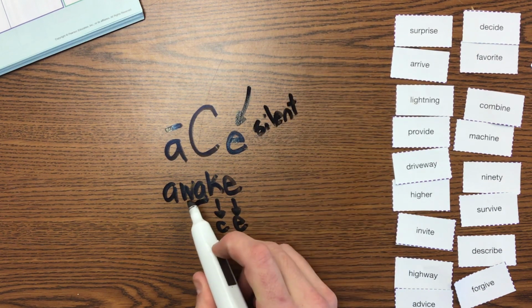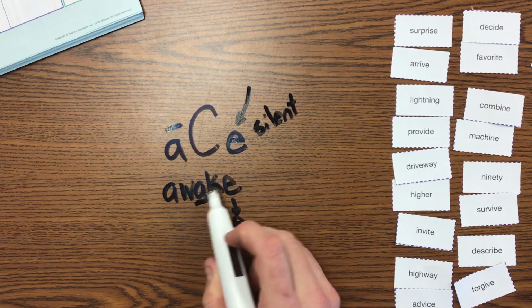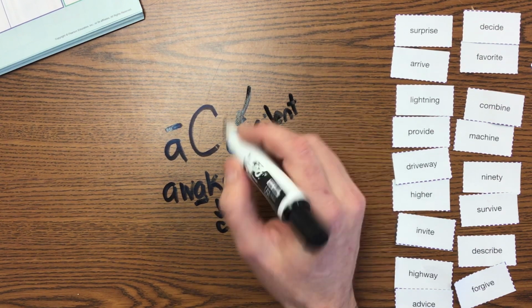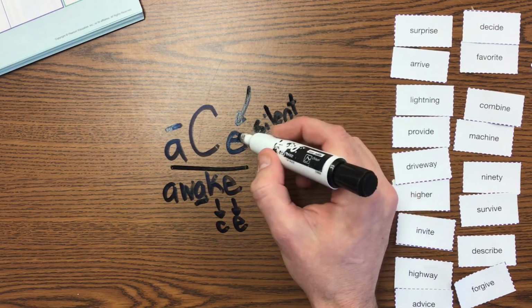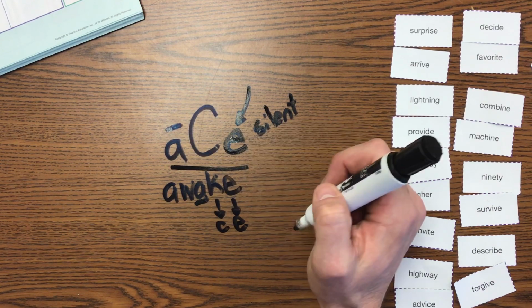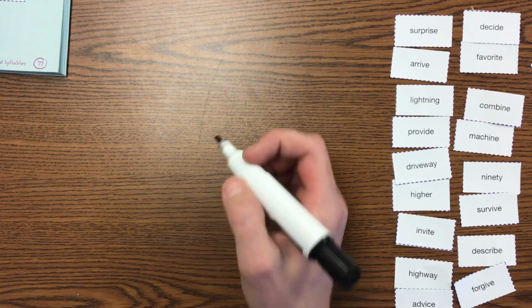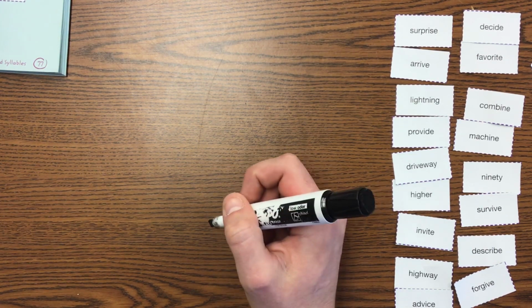Okay? So it's awake. It's not awakey. So anytime we use this pattern, that E at the end is going to be silent. It's the same if that happens inside of the word as well. Anytime that pattern is there, it's going to have that long A.